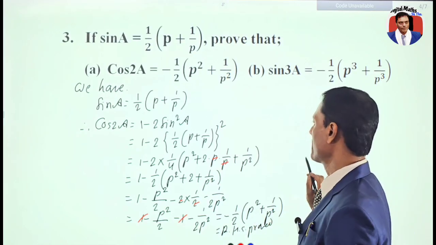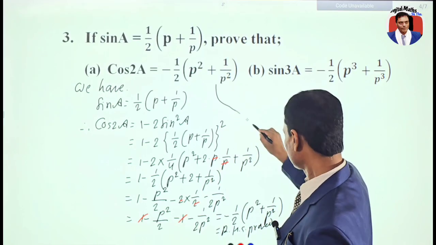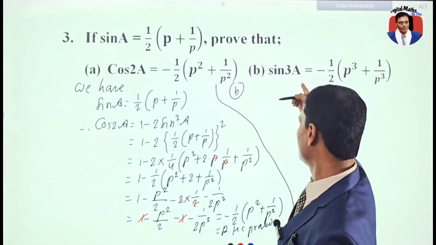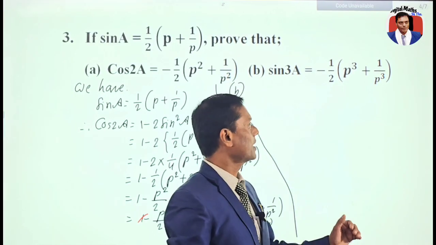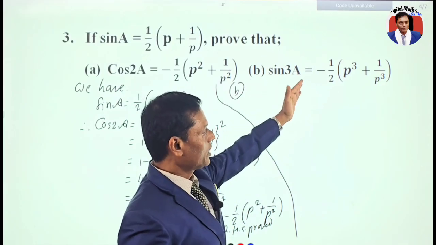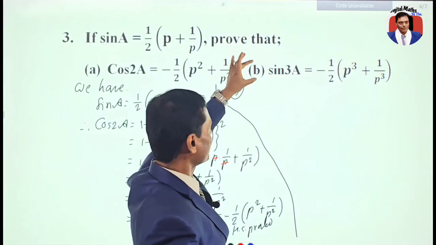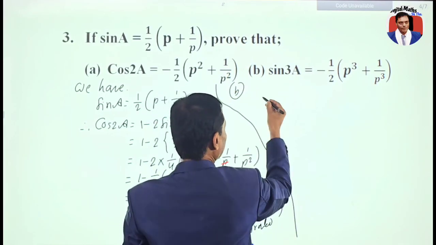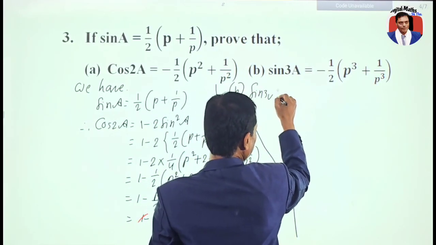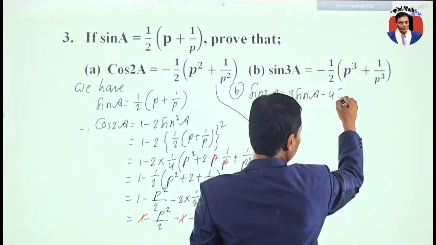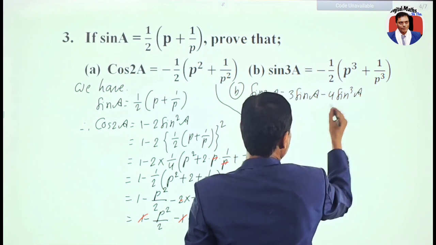isn't it? Okay, the next we have to prove that sin 3A equals minus 1 by 2 times (p cube plus 1 by p cube), isn't it? So how to get that value? So we are going to put the value of sin 3A, isn't it? So again here sin 3A equals 3 sin A minus 4 sin cube A, right?